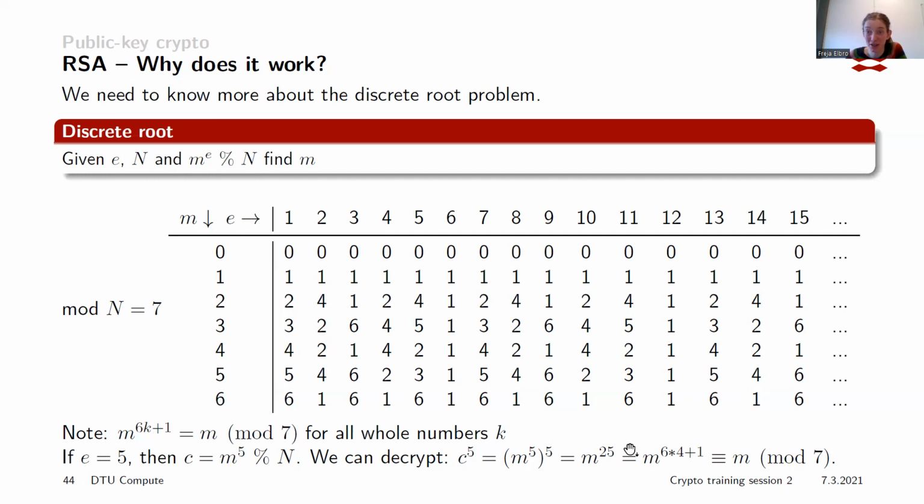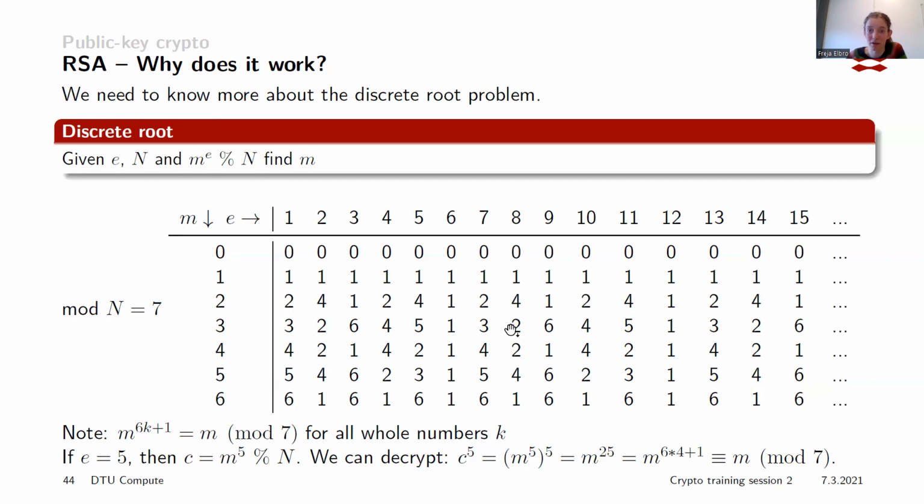The reason why raising to the power d is going to work is that up here in the power we have d times e, and since d is chosen to be the inverse of e, the product of these two is going to be 1 modulo 6.